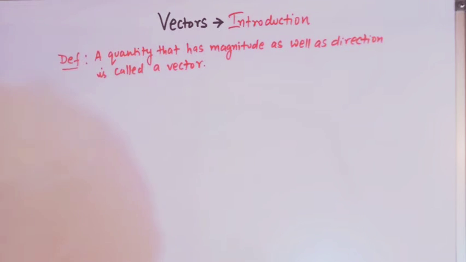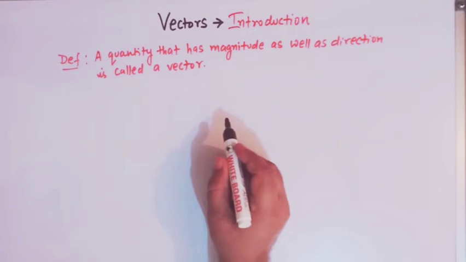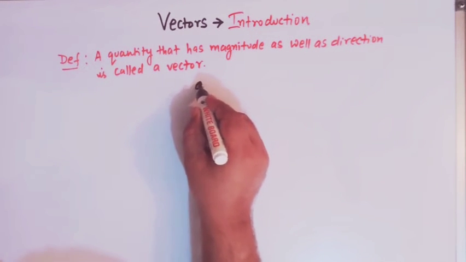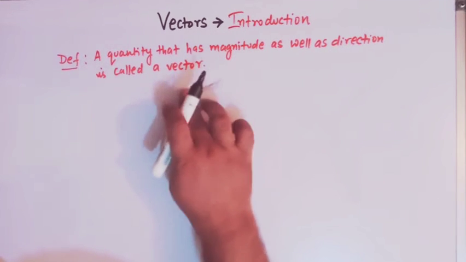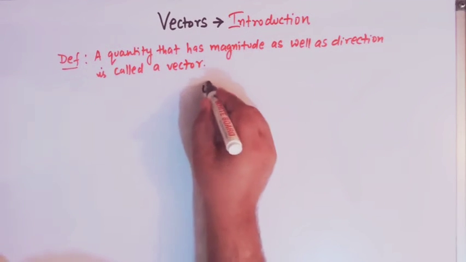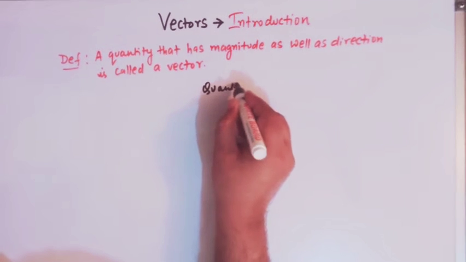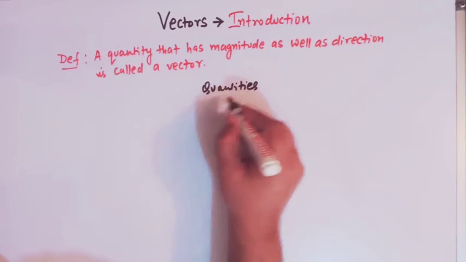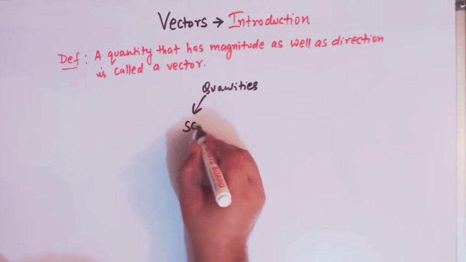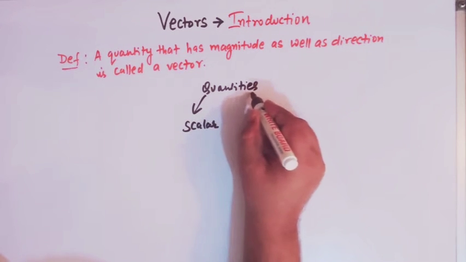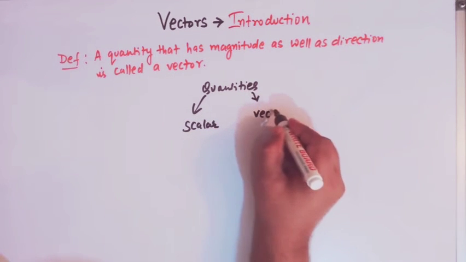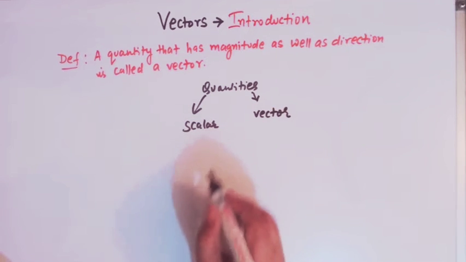So viewers, we know that quantities are of two kinds, right? So quantities are of two types. One is called the scalar quantities and others are called vector quantities. So what are scalar quantities?